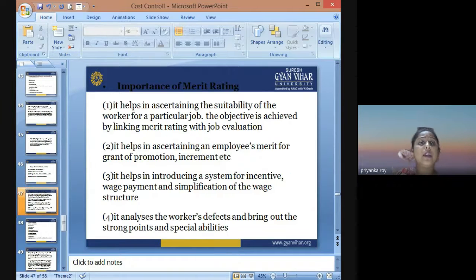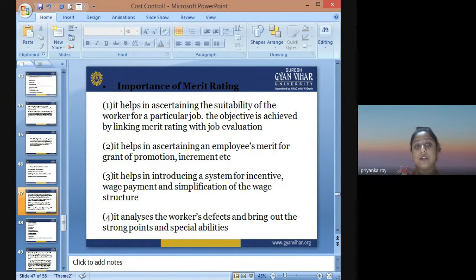Then what are the merits here? An important merit of rating is that it helps in ascertaining the suitability of workers for a particular job. The objective is achieved by linking merit rating with job evaluation. It helps in ascertaining an employee's merit for grant of promotion and increment, etc.